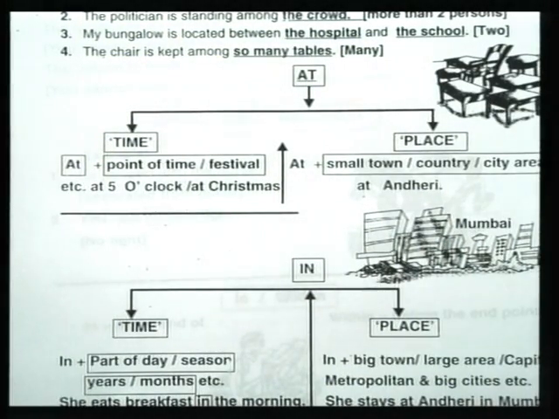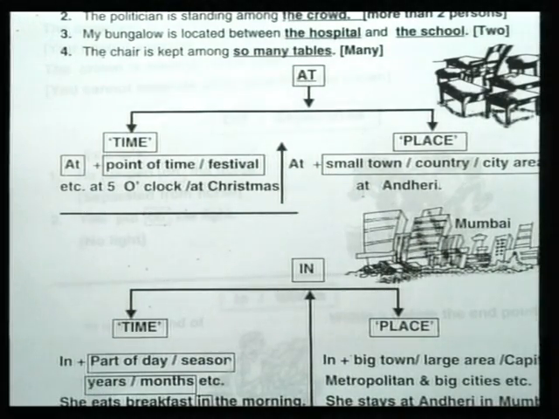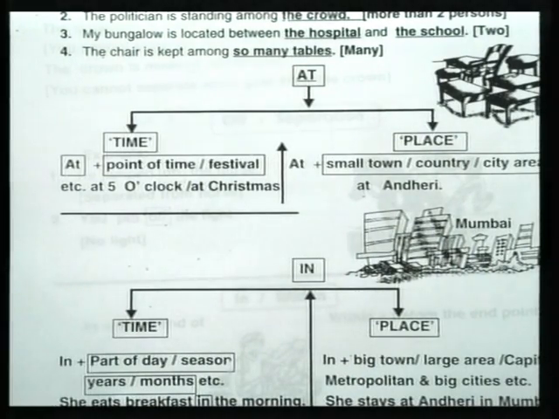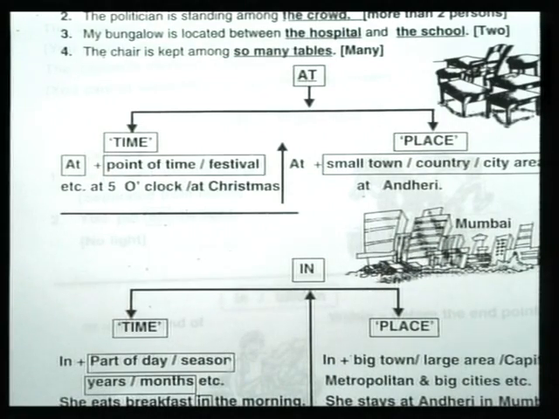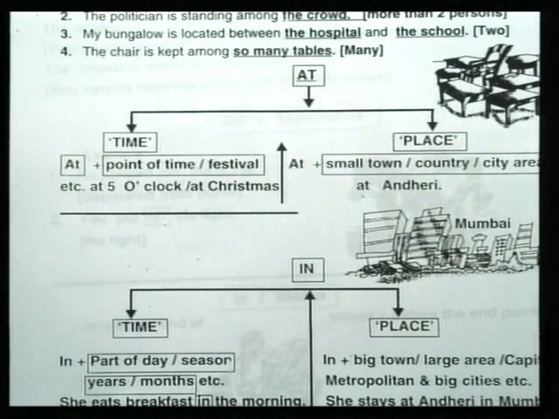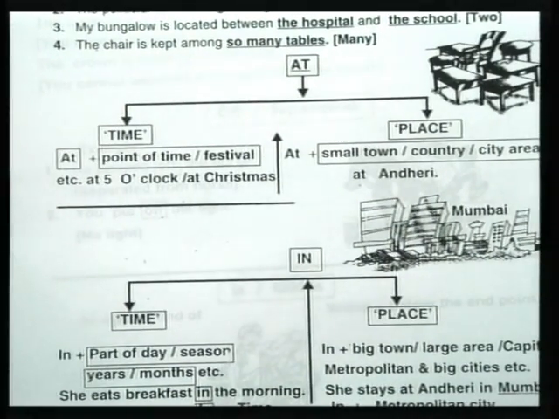This preposition at is very important. It is used with the names of small villages and towns. It is also used for the point of time, festival, country, city, area. For example, at 5 o'clock.